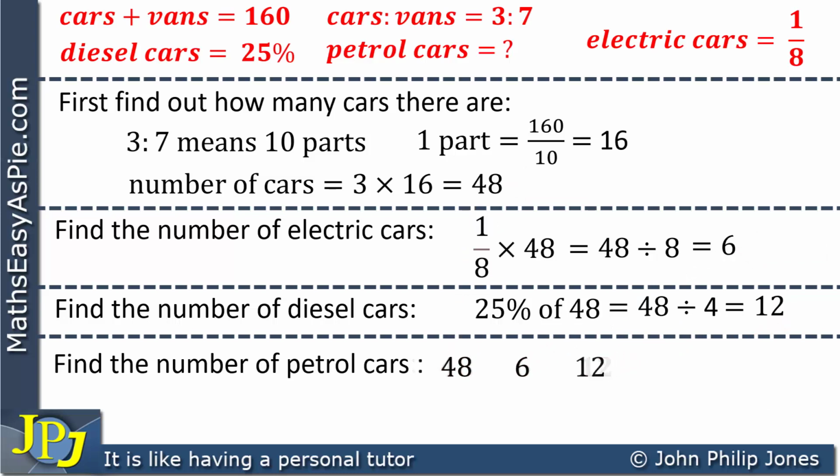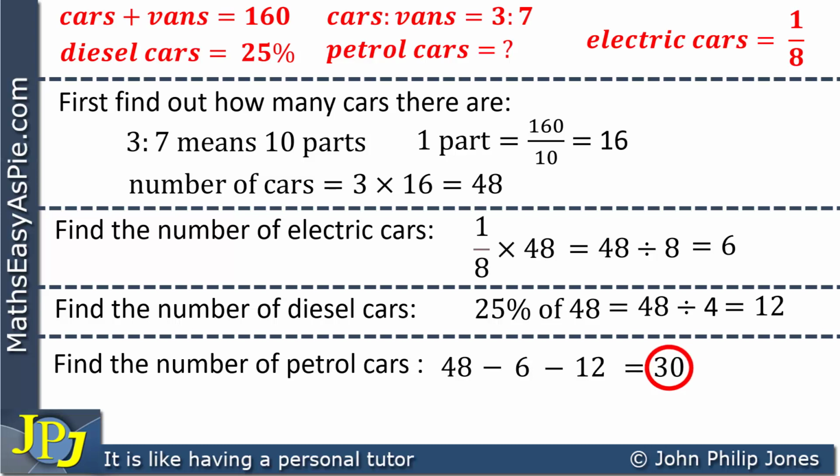I'll remove the bold, and what we're going to do is from the number of petrol cars, I'm going to subtract the number of electric cars, and I'm going to subtract the number of diesel cars. So you will see I will put a minus sign in the appropriate place. And 48 minus 6 is 42. If I now take from that 42 12, I'm going to end up with the result of 30.